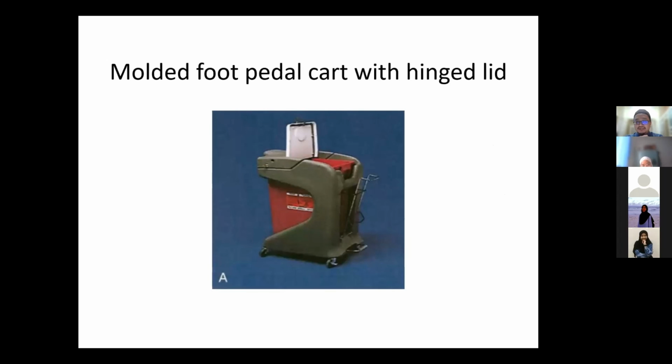So we have a lot of different type of this bin. Normally they are red or yellow. This one is foot pedal with hinged lid. Quite sophisticated. So dia dekat atas floor lah. And then we just use our foot to open the lid.